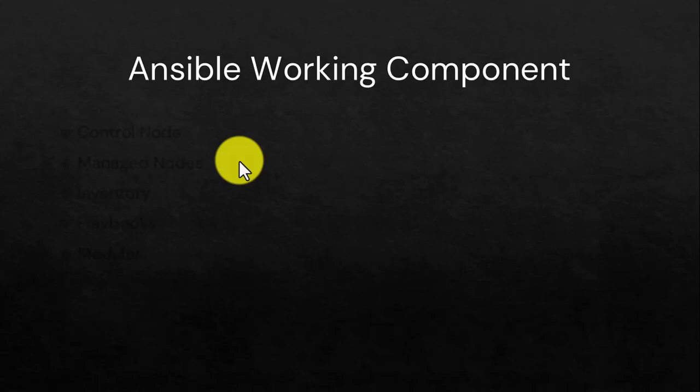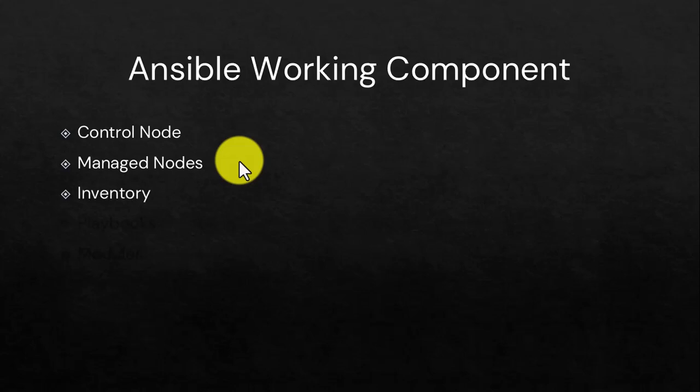Ansible components: control nodes, managed nodes. Inventory is a file where all the hosts that the controller node manages are listed. Playbooks is a file where a series of tasks are listed for execution one by one on the remote host.